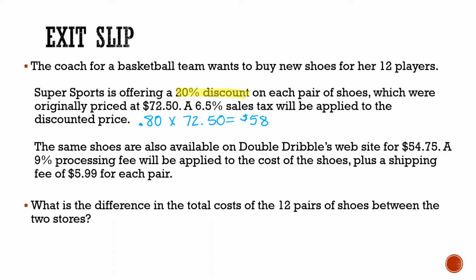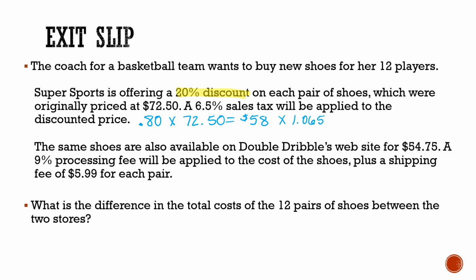However, we've got to add sales tax to that. So you still have to pay 100% of that $58, but then you also have to pay 6.5% in sales tax. You're welcome to multiply 58 by just 6.5 to find out the amount of tax to add to 58. Or we've talked about how you can just go ahead and multiply it by 1.065.